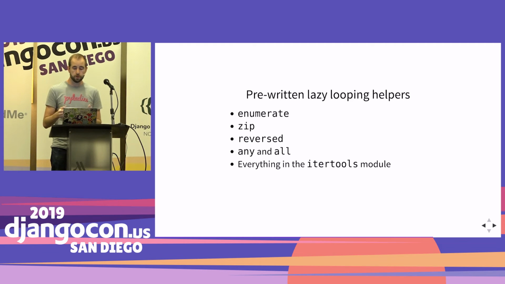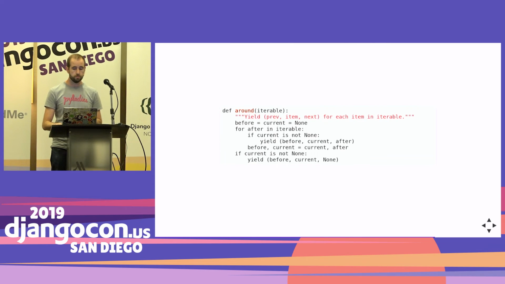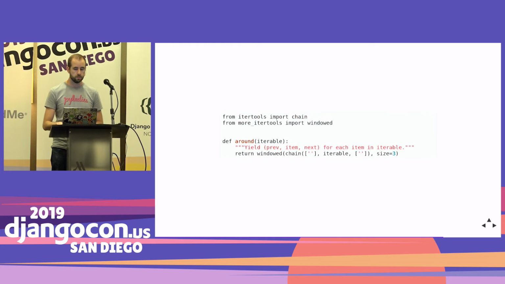And if you don't find what you're looking for built into Python, you might find it hiding in a third-party library. There's one called more-itertools, which is like the itertools module. There's just more of it. And there's another called Boltons, which has a whole section that's just for itertools-like stuff. For example, this around generator function, that big scary function that I wrote, I could have actually written like this.